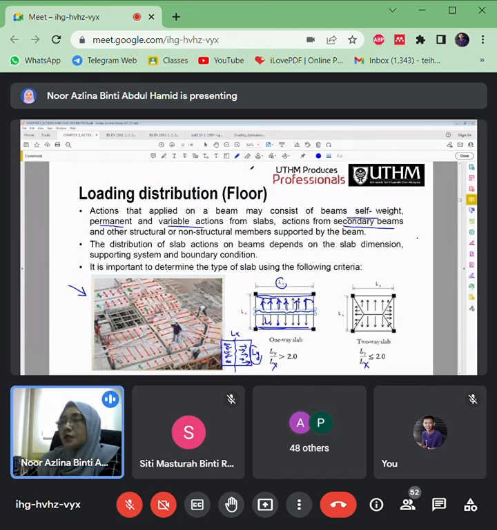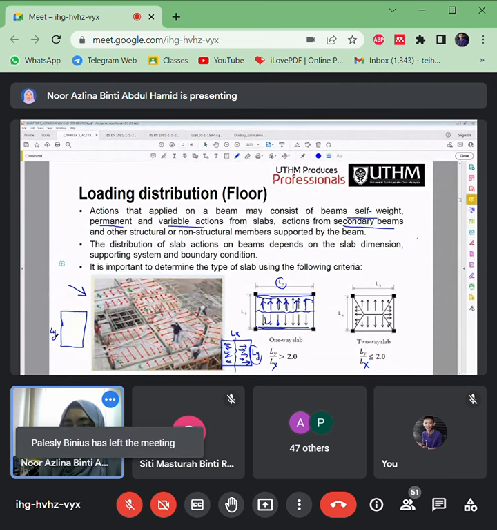Okay, let's say another example. Let's say this is another one-way slab. The longest span is Ly, and the shortest span is Lx.